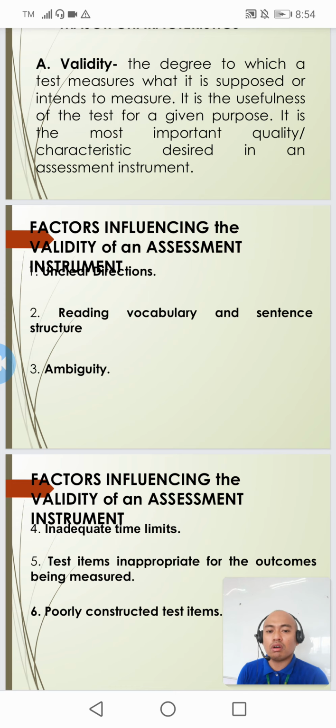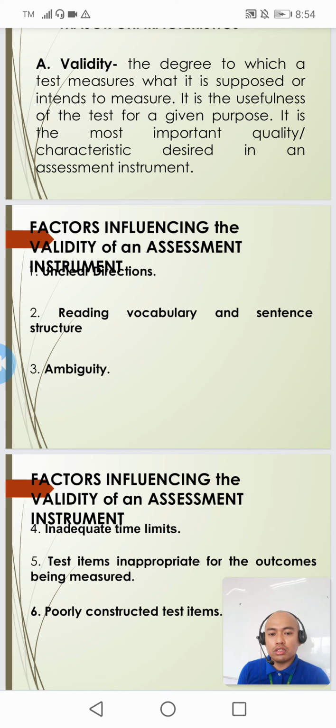Do not use complex words, kasi ang possibility itong complex word, ito na yung magiging exam ng mga bata, as to how to understand these words that you are presenting to them in the exam. So yun na yung naging rason kung bakit ka nagbigay ng exam sa kanila, as to how to understand the words that you are presenting in the test item. So that should not be.